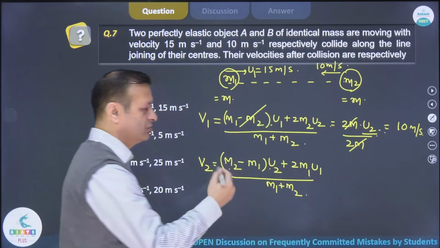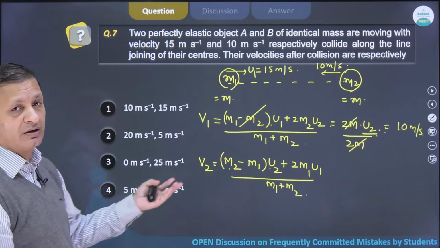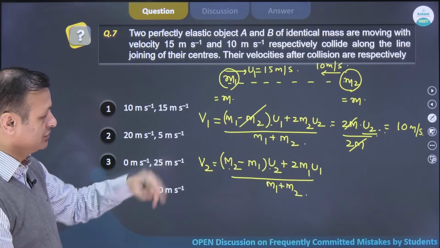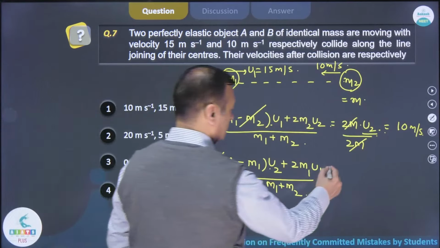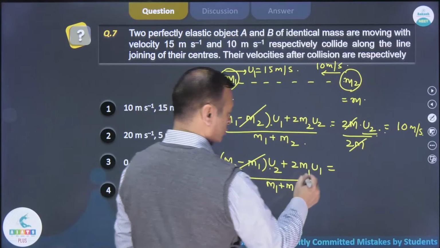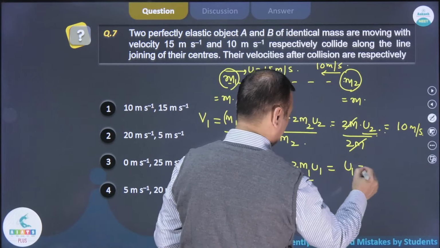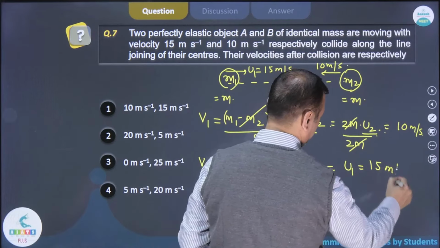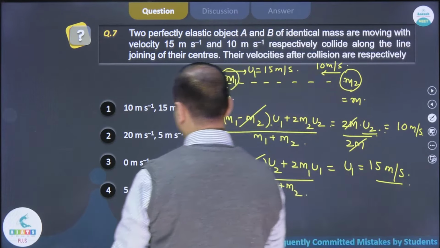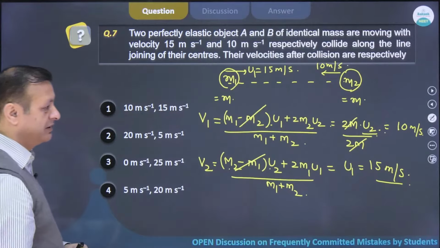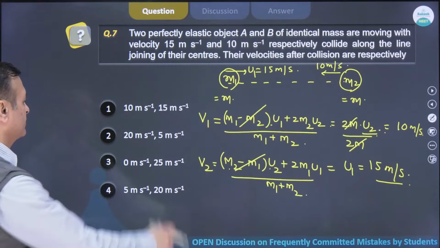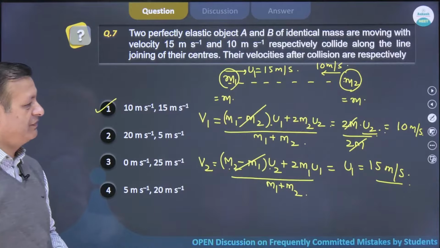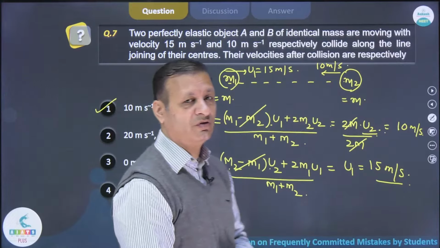The best way is to simply replace the 2 with 1 in the notation across the formula, and this part again goes. So this gives you u1, and u1 was 15 meter per second. So the answer is 10 meter per second and 15 meter per second. The very first option is the clear option for this part.